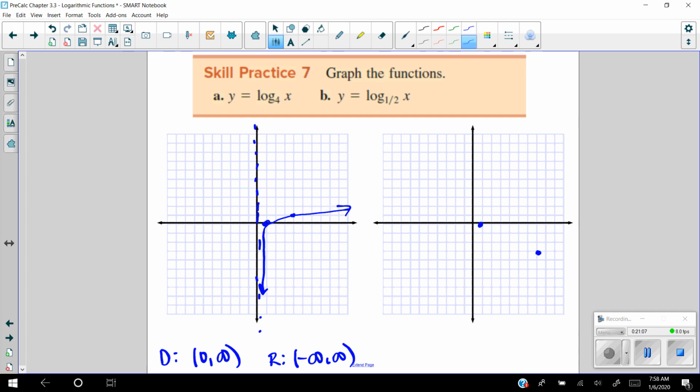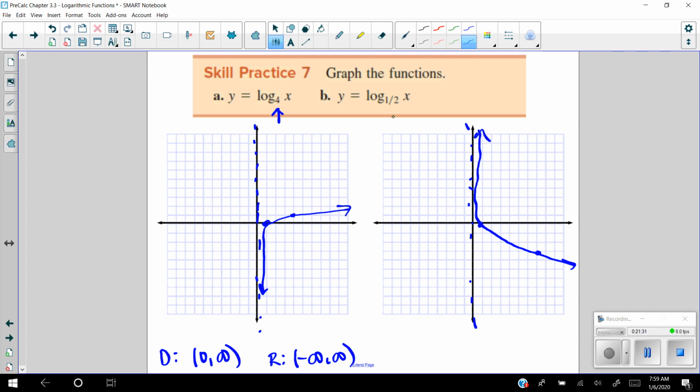Now, the reason why this curve almost appears to be inverted or flipped has to do with the base. Now remember, logarithms are the inverse of exponentials. So if our base of what would be the exponential in A is 4, that would be a growth function.